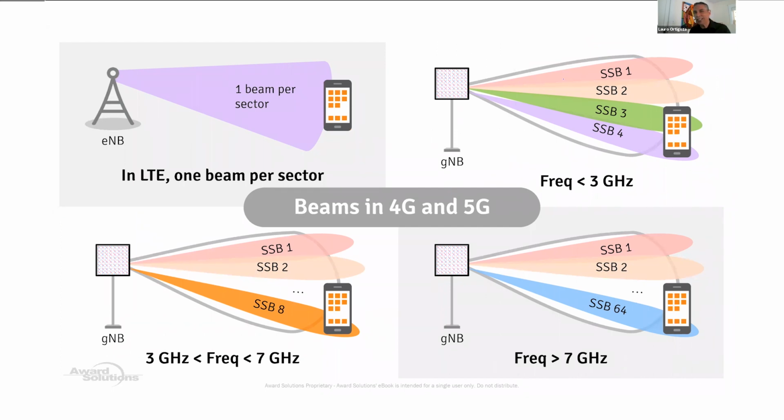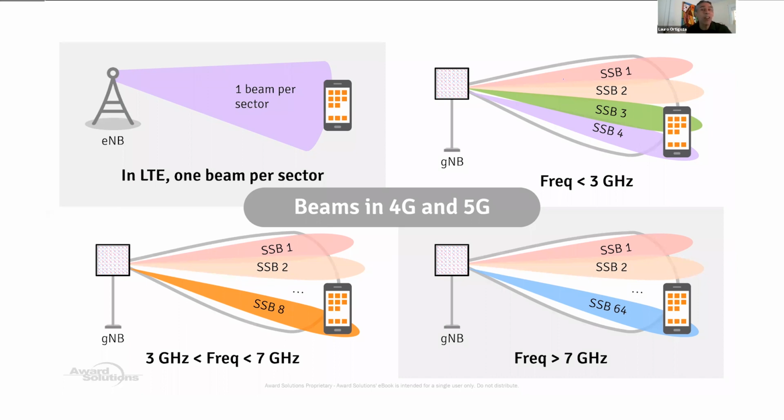All right, really quick. So beams in 5G, guys. In LTE, you only use one sector. Your antenna radiation pattern covers one sector. In 5G, depending on the frequency of operation, you can cover your entire sector with something called coverage beams or wide beams.